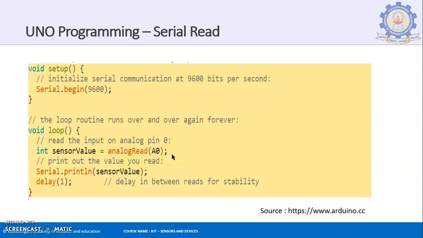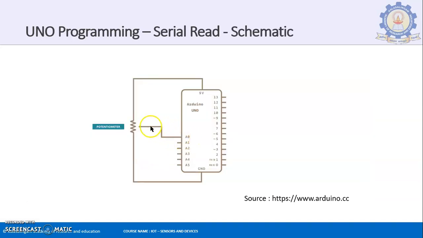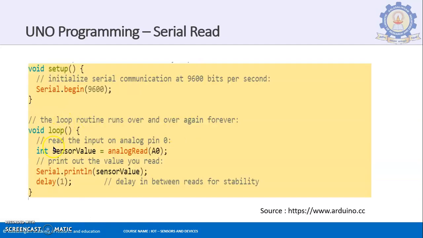How am I going to do that? From my A0 pin, I'm going to read the analog value. So I read the analog value from pin A0, and I am going to store that real-time data in the variable sensorValue.